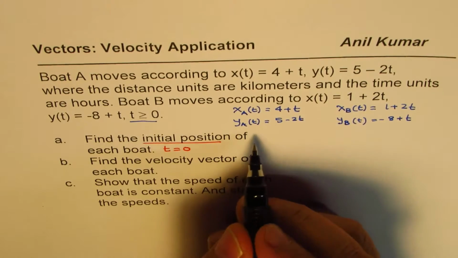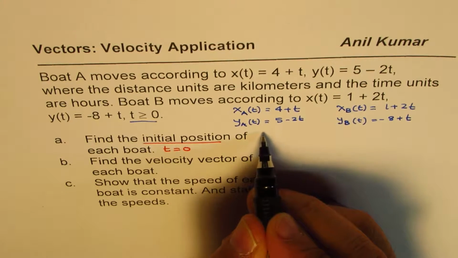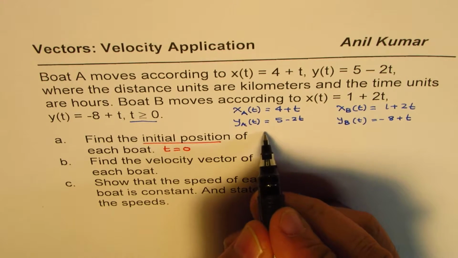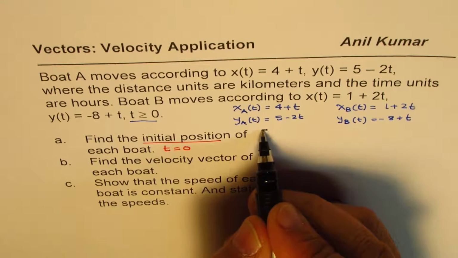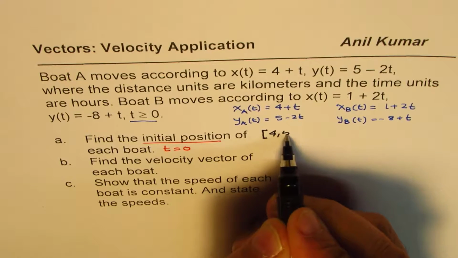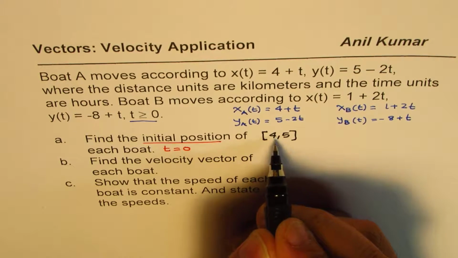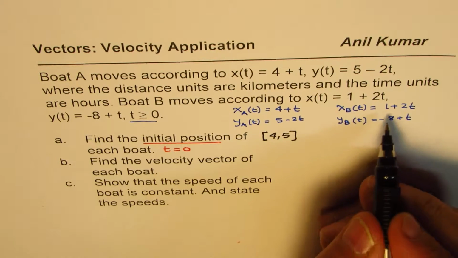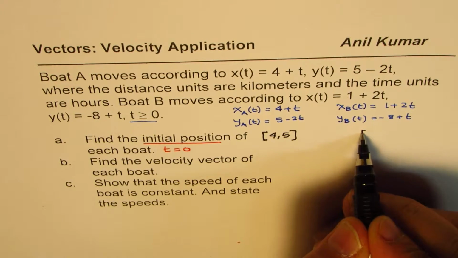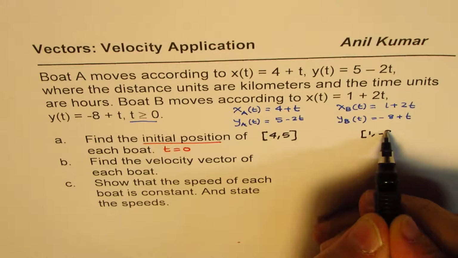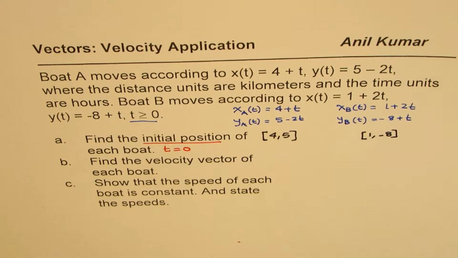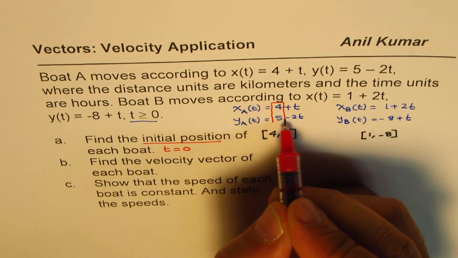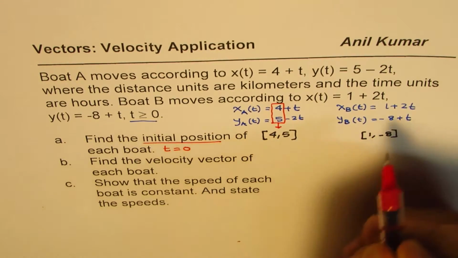So we can write the initial position of boat A as 4 and 5, and for boat B, it is going to be 1 and minus 8, correct? So these values give you the initial position.